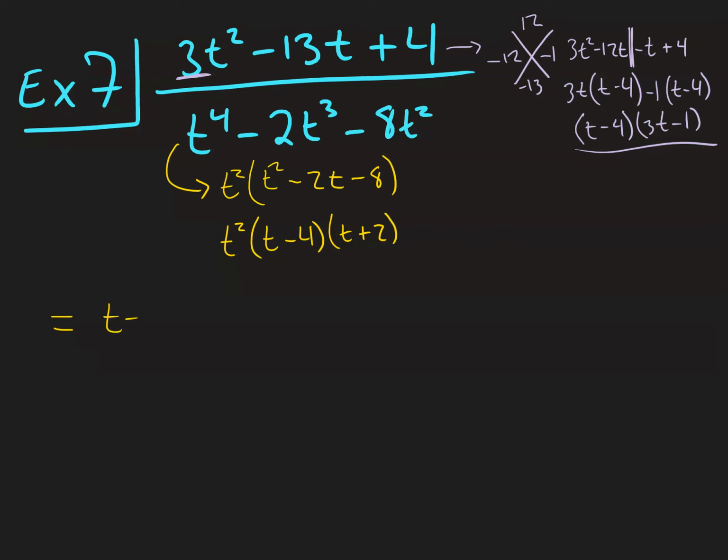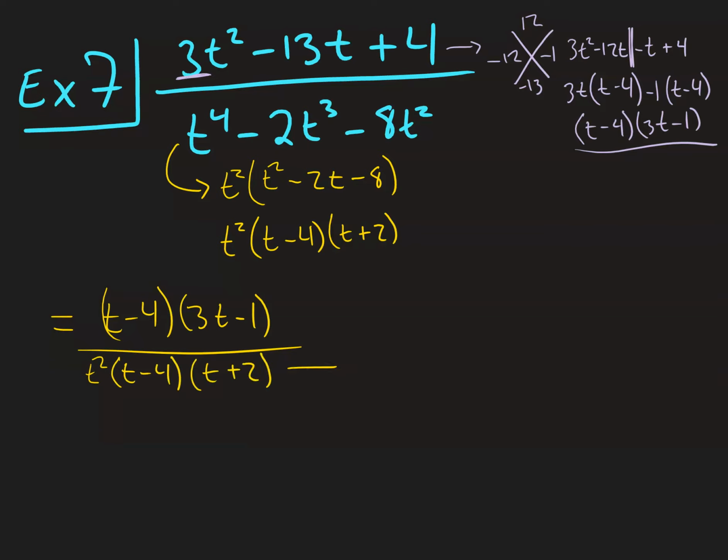Now I will go ahead and rewrite my expression as t minus 4 times 3t minus 1 over t squared times t minus 4 times t plus 2. Again, make sure you write down your excluded values before simplifying. So we get t cannot equal 0, positive 4, or negative 2.